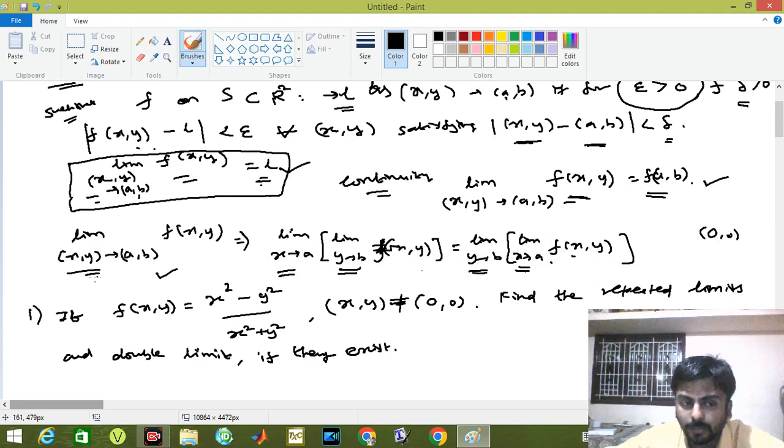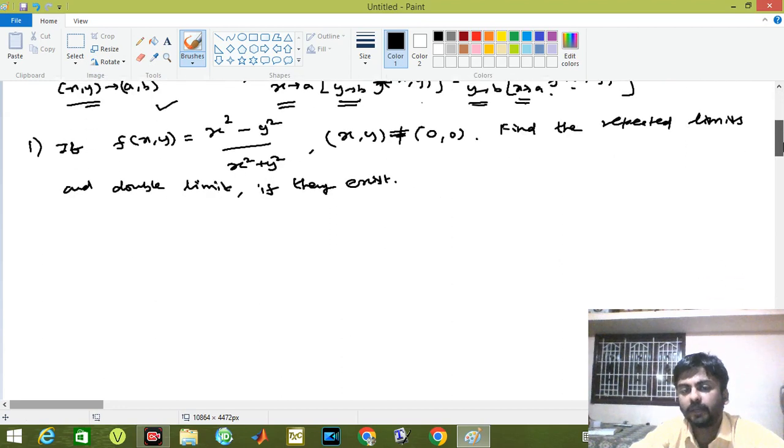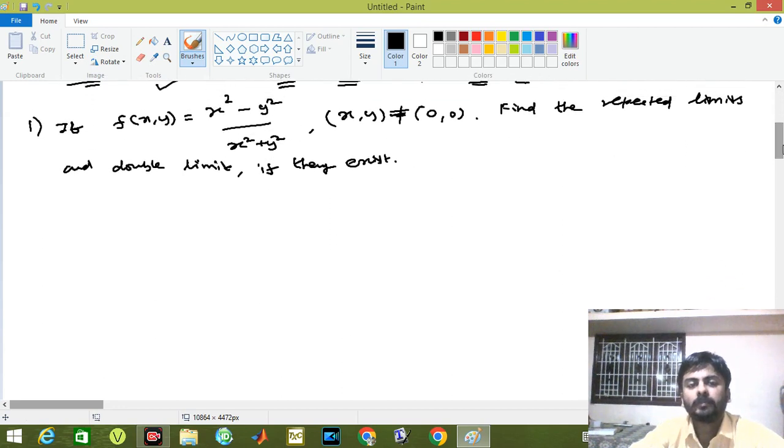Your double limit will be (x, y) tends to (0, 0) of what is given in the question, that is, f(x, y) equals x square minus y square by x square plus y square. Now we are going to check that. Be careful in watching, be attentive. In mathematics, the definitions, theorems and results are always tough to understand.